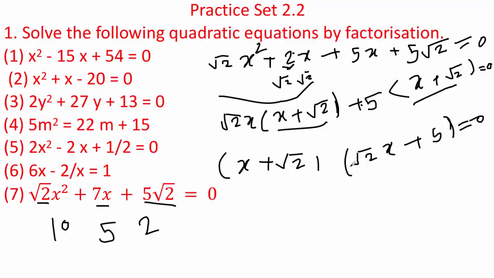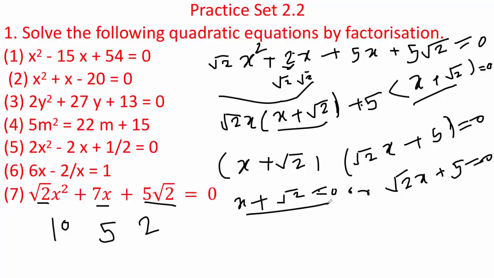Since product of two terms is 0, one term is 0, therefore x plus root 2 equal to 0, or root 2x plus 5 equal to 0.